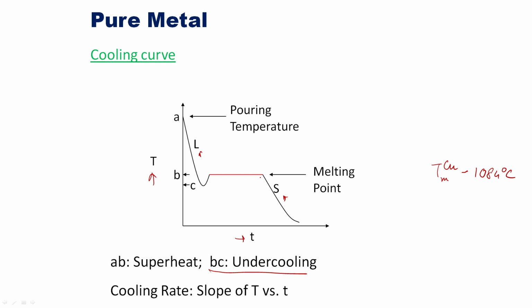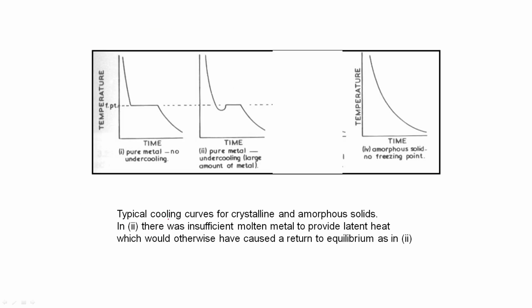The important aspect is here: you have nucleation of solid from liquid taking place, and that is why you need some undercooling. I will not go into the energetics of the systems; that is available in standard textbooks also.